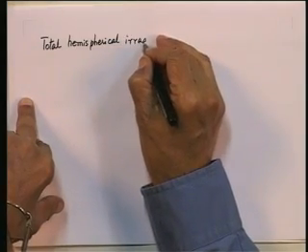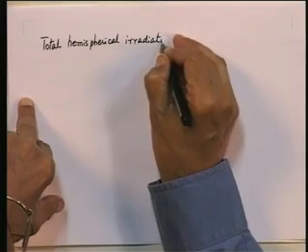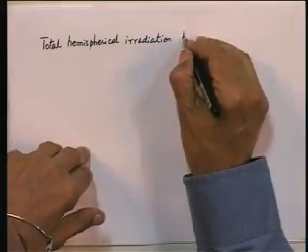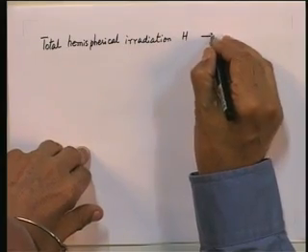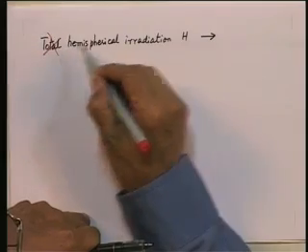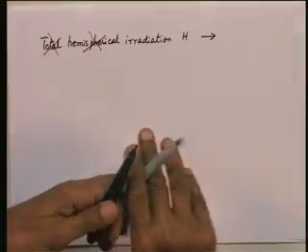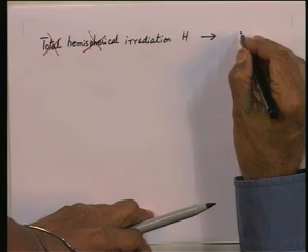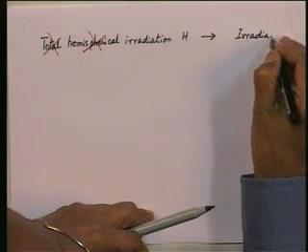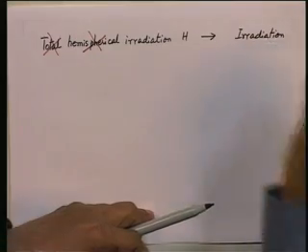Instead of going on saying total hemispherical irradiation every time, which is the quantity H, all right, we will normally delete the words total and hemispherical and refer to it only as irradiation, in the same way that we did earlier for emissive power.